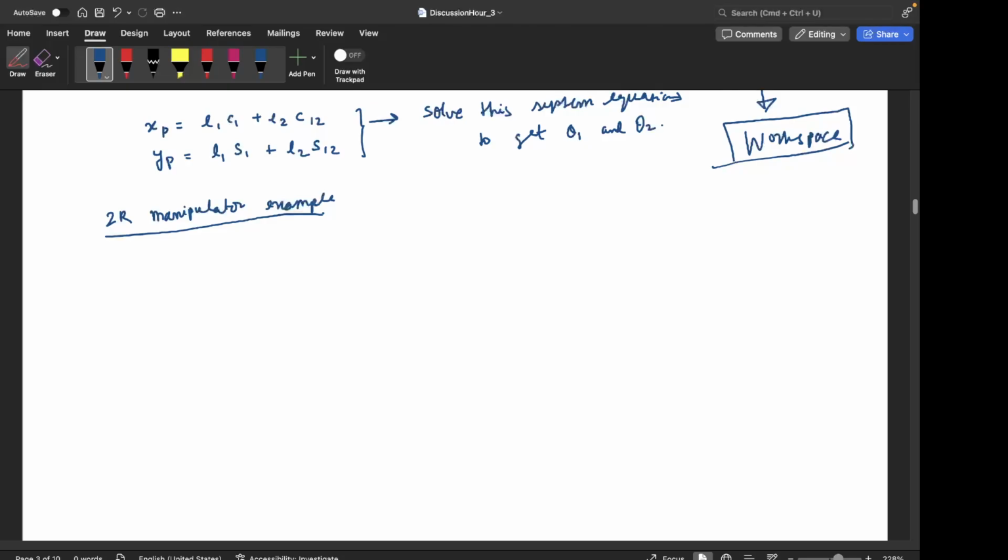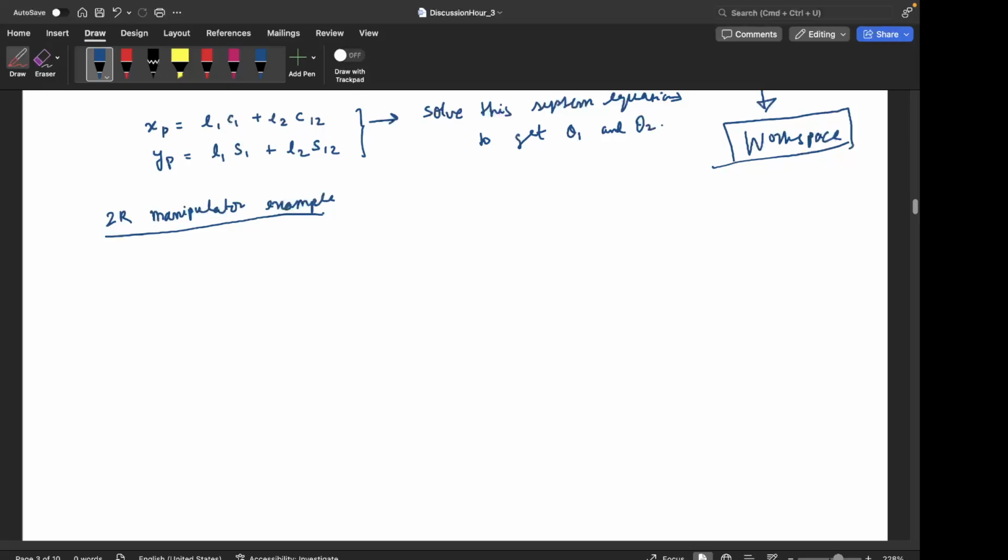You basically compute the h parameters, which you can do for any given robot, and then you write the homogeneous transformation matrices, which you can also do for any given robot, and you then just multiply them to get the final transformation matrix, and you extract the position and orientation from that matrix, right?